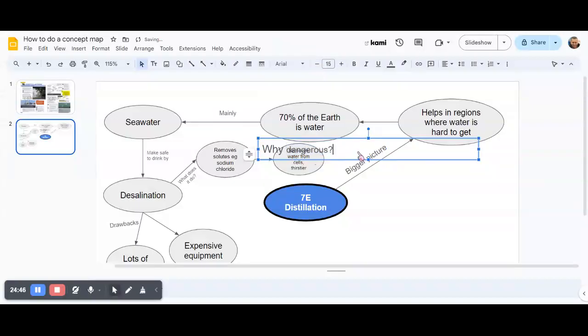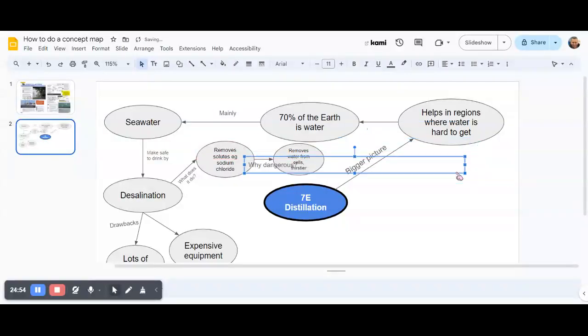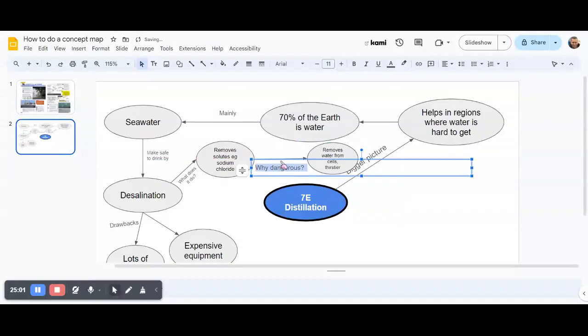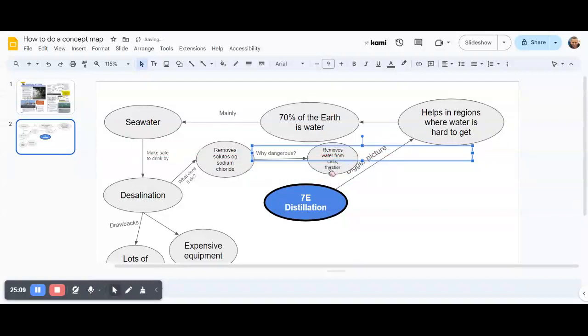Let's get the font in. We might need to make this a little bit longer over here. That's absolutely fine. You can put it like this and then just fit it in. There we go.